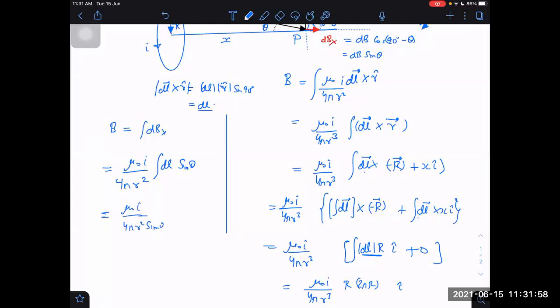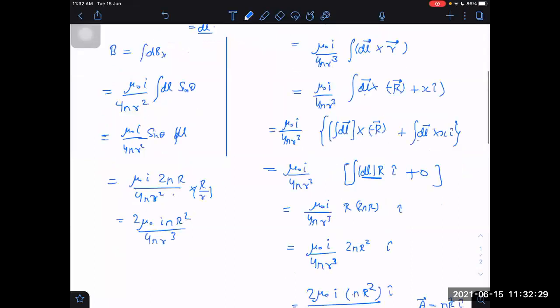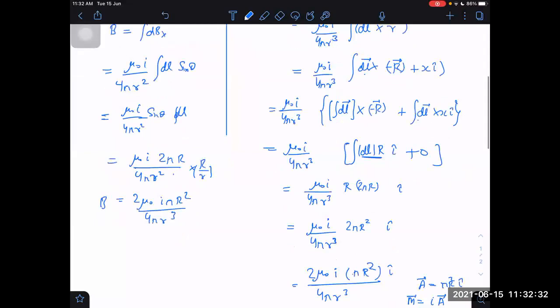Then we are left with the integration of dl only, which, as you said before, is 2 pi R. So 2 pi R into mu naught I upon 4 pi r square, sine theta being capital R by small r in the numerator. Finally it equals mu naught into I into, as last time, 2 into pi R square upon 4 pi r cube. This is B total. And the direction we know already. Because we are integrating Bx, this direction should be along the x-axis only.